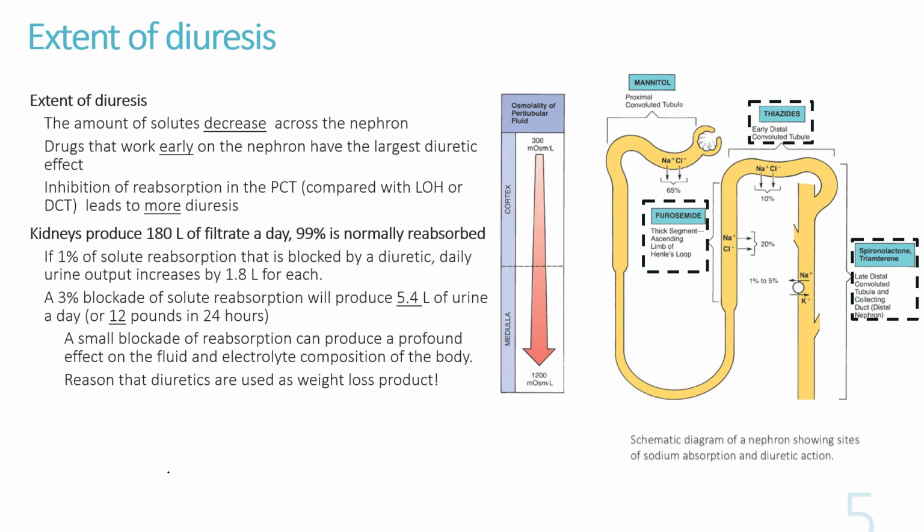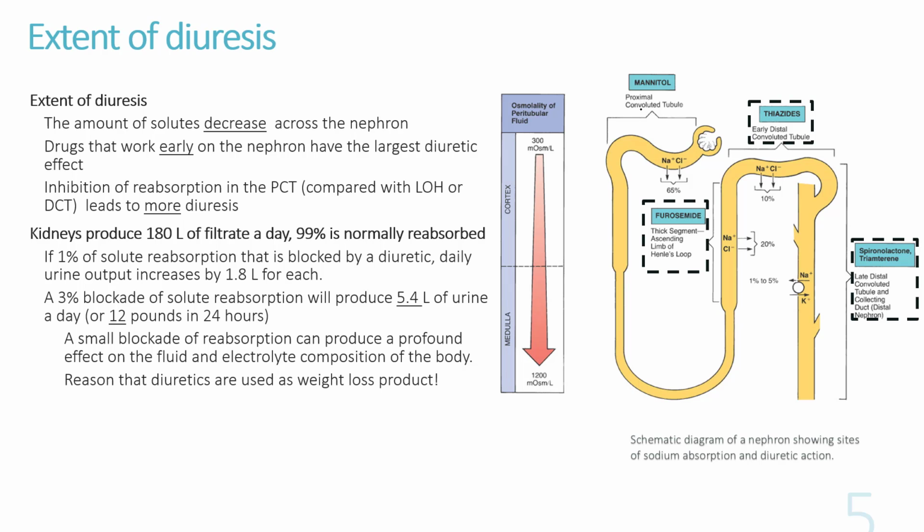Now, what we're going to look at is the extent of diuresis. I am going to use a highlighter and highlight the proportion of sodium and therefore water that gets reabsorbed at different parts of the renal tubule. Reabsorption is the return of sodium, water and other things that were filtered back into the blood.